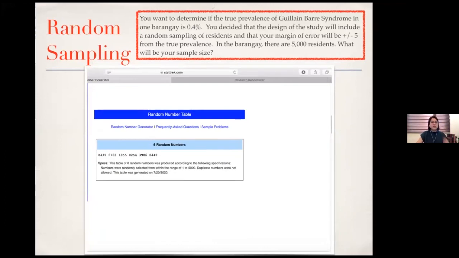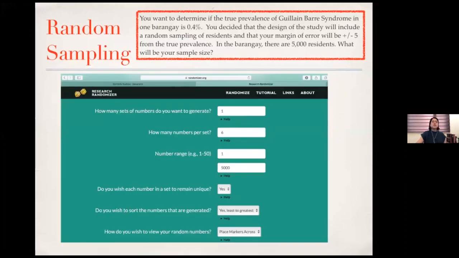So it gives you a list of 6 numbers. So you get resident number 435, resident number 788, resident number 1055. So they are the ones that you will go and ask for your study. No? So this is an easier way to get respondents by random sampling. So that's how you do it.